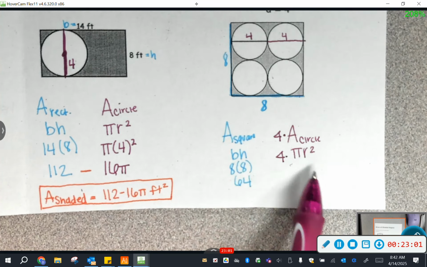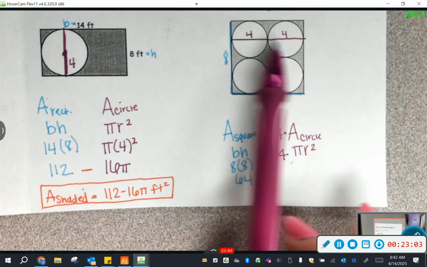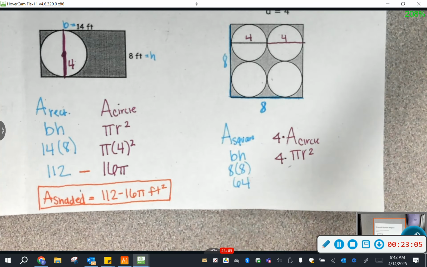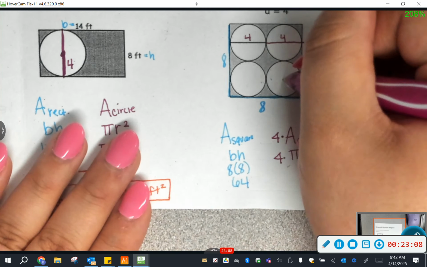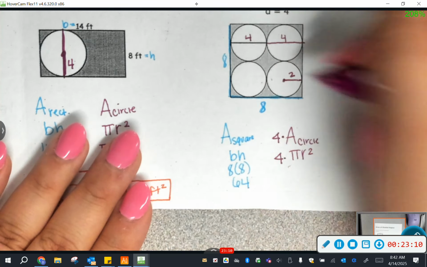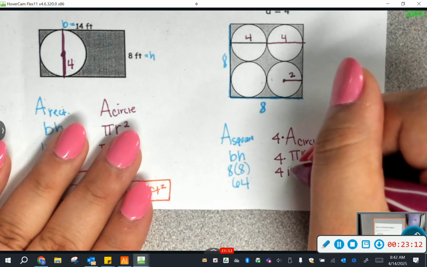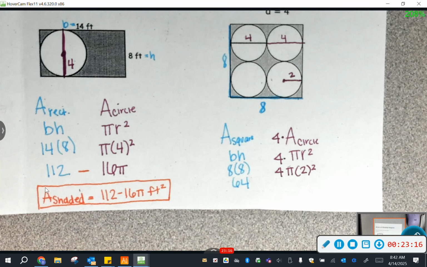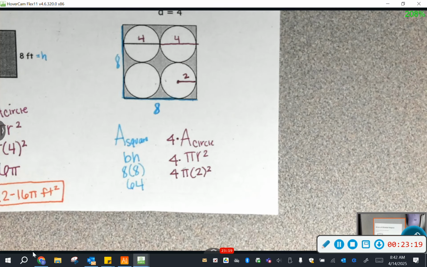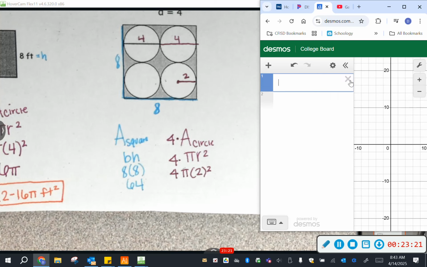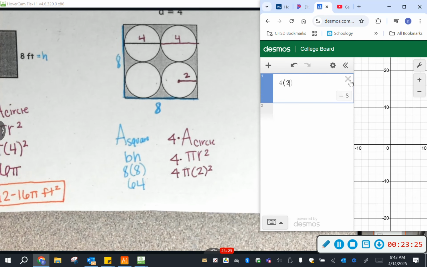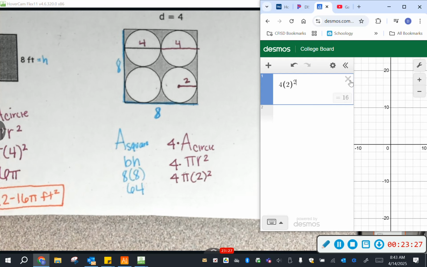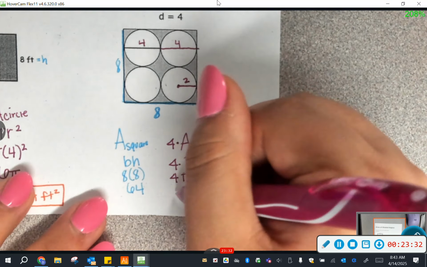And so if pi r squared is just one of the circles, I want to find all 4, I multiply by 4. What's the radius of these circles? 2. So I'm going to do 4 pi 2 squared. Don't put pi in the calculator. And what do I get? 16 pi.